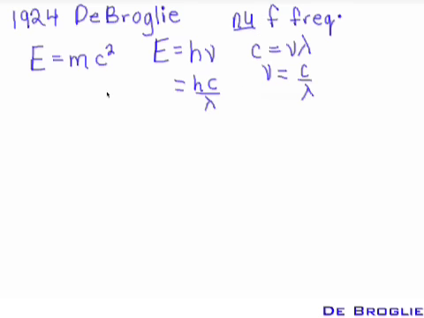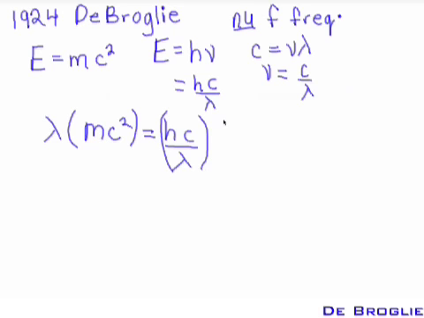E equals mc squared applied to particles. You can reach the conclusion de Broglie reached if you combine these two equations. Since they're both the energy, mc squared must equal Planck's constant times the speed of light over wavelength, lambda. So h is Planck's constant, c is the speed of light, lambda is wavelength. Now, I can take this equation and multiply both sides by lambda, and if I do that, I don't change the equation because I'm doing the same thing to both sides.